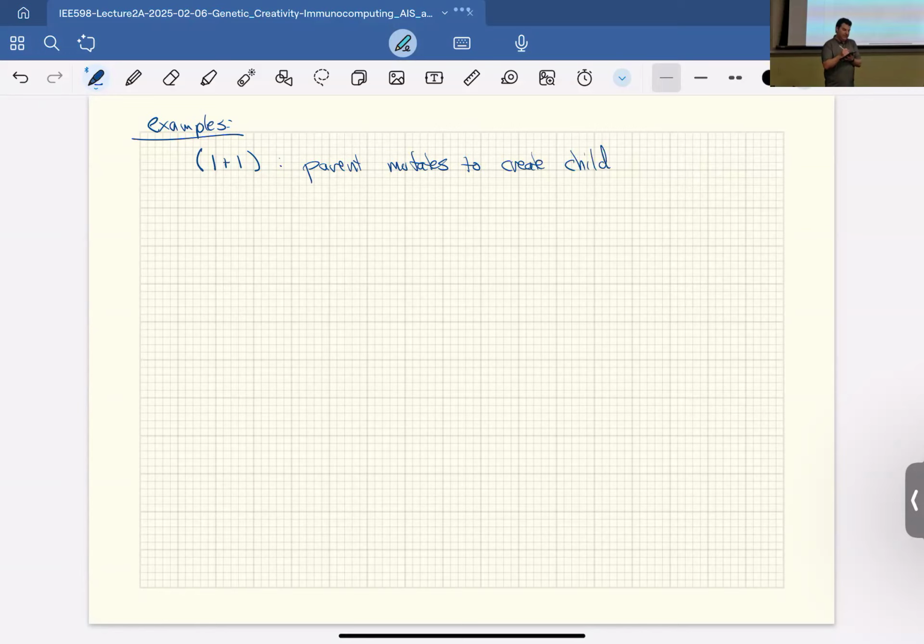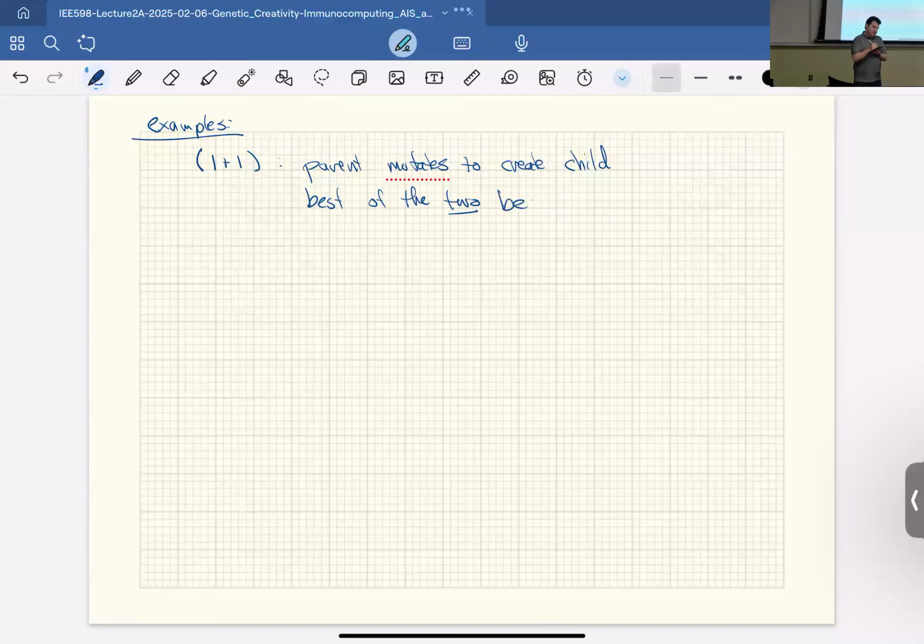In some ways, this is a little bit like a local search. The parent changes a few of its variables, so then it creates an offspring, which is a little bit different than it, has slightly different genes, slightly different alleles. And then the best of the two becomes the new parent.